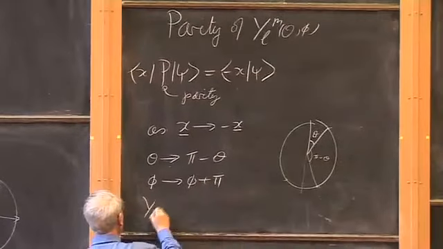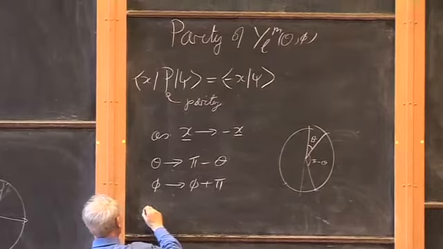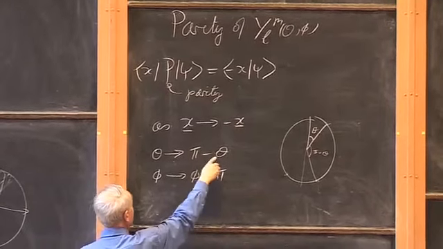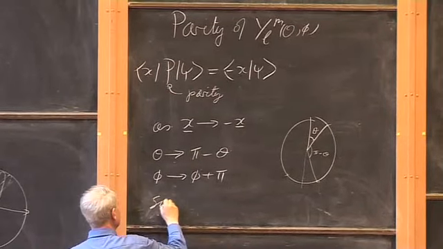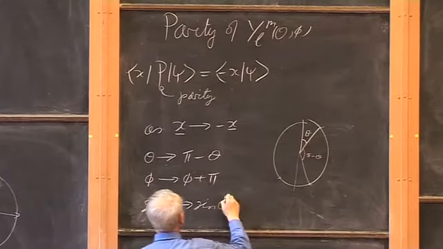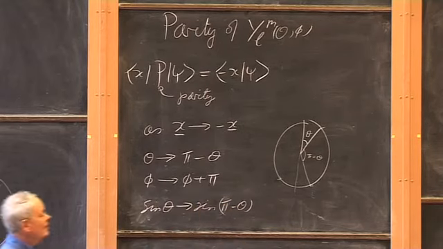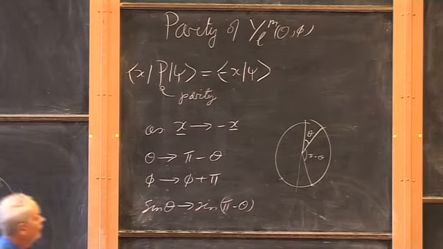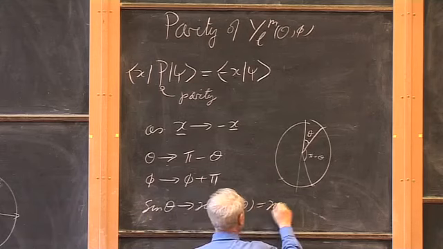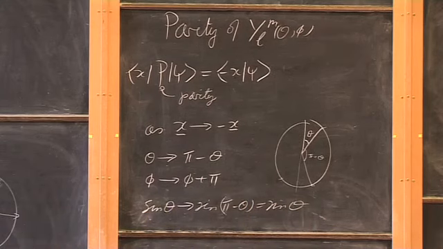Now, Y_LL, what else can we say? So theta goes to pi minus theta; what does that have to say about sine theta? Sine theta goes to sine of (pi minus theta), and it's easy to check from a variety of arguments that this is actually equal to sine theta. So sine theta doesn't change.